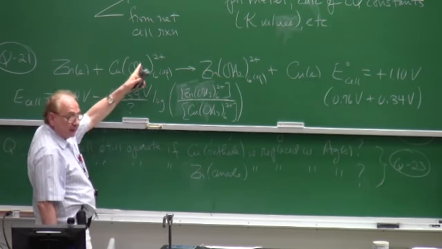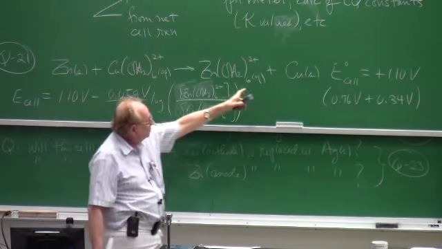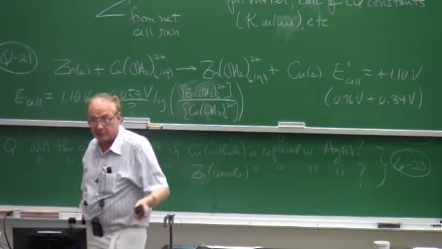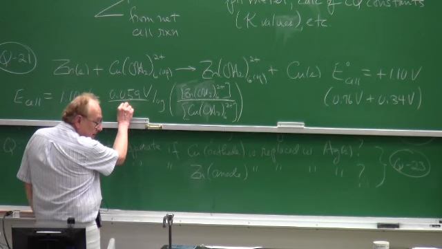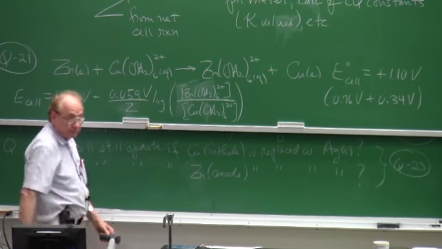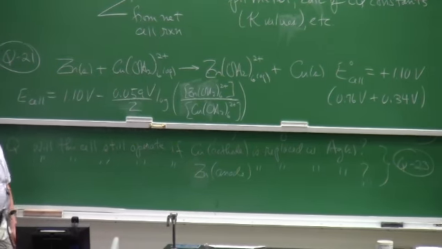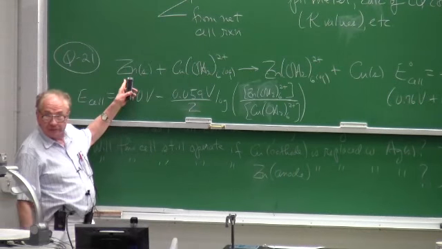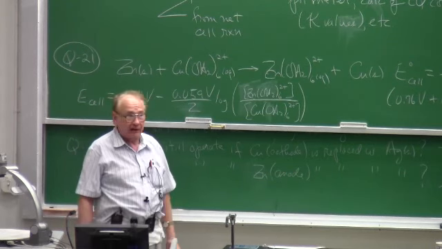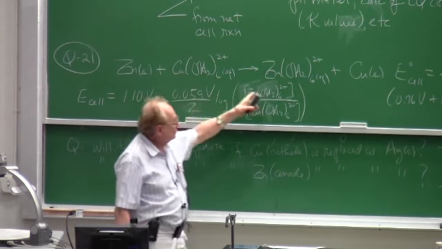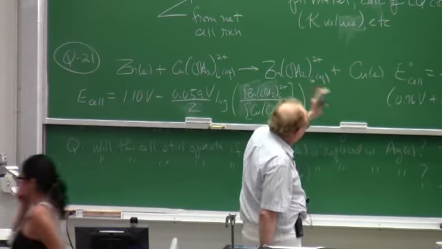Copper ion in the +2 oxidation state is being reduced to copper metal. So n is 2. That's all. 2 moles of electrons are lost as a mole of this becomes oxidized to this. And what are those 2 moles of electrons consumed by? The 1 mole of this as it's reduced to 1 mole of this. Enough said.